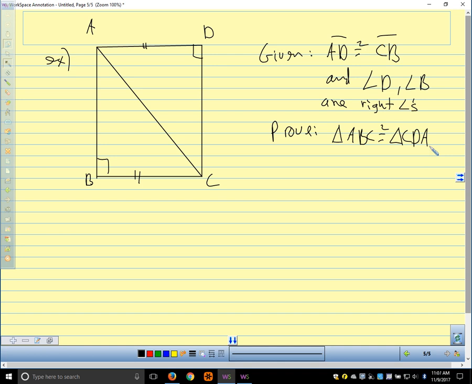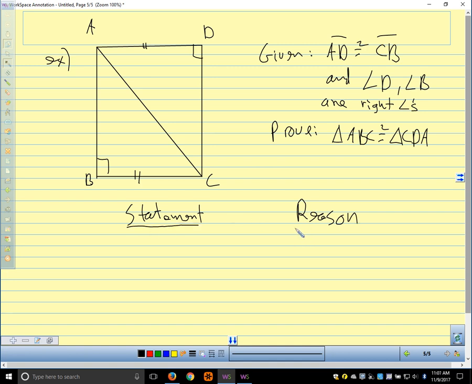All right, so before we even start, what's one piece of information that might be very useful here? Just based on how I drew the drawing, yeah. Line AC is congruent to itself. So let's do our statement and our reason.